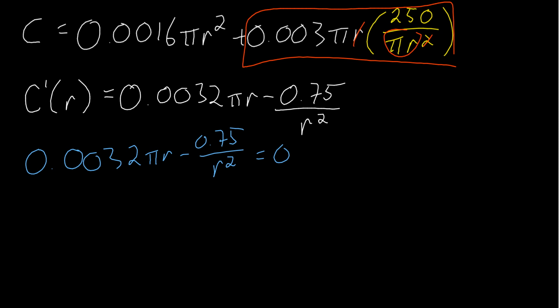So we end up with r is equal to 4.21. This is our critical point, because this is after we've set the first derivative equal to 0.